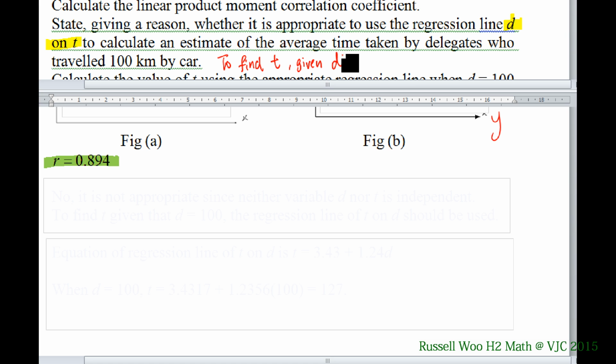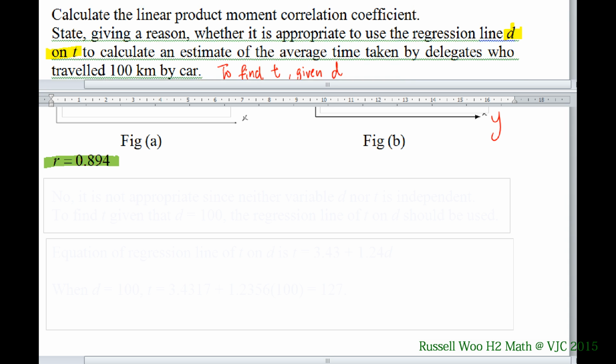In order to answer this question, we must know whether there is a clear-cut independent or control variable. Right? We must understand whether there is. Now, if you look at the question very, very carefully, read the question carefully.